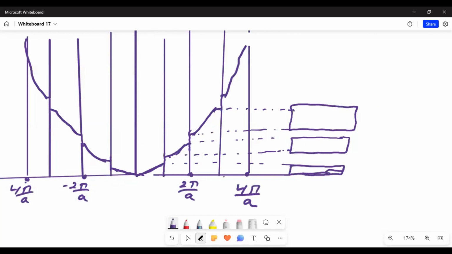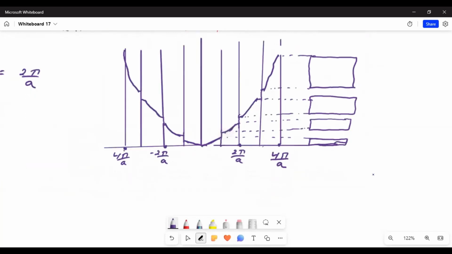In this energy range there is no energy, so it is a forbidden energy gap. So electron will not exist. This kind of diagram is called the extended Brillouin zone.